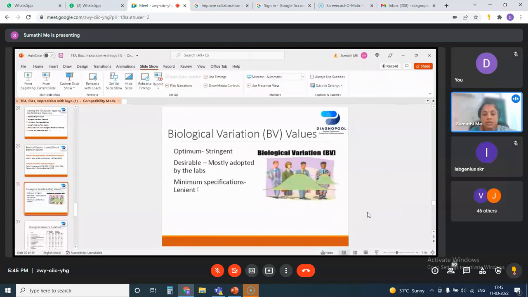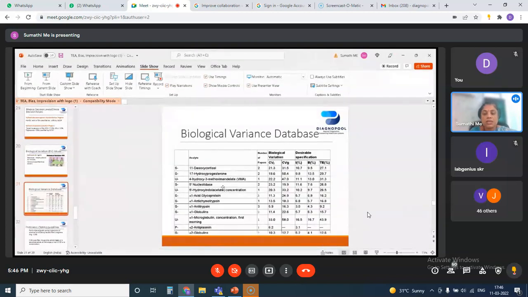So this is how the biological variation database table looks. Here you can see the parameters, and the biological variation CVI is the intra-individual imprecision, and the CVG is the inter-individual imprecision. The last three columns we are seeing here are the desirable specifications, that is the imprecision part, the bias, and your total allowable error.